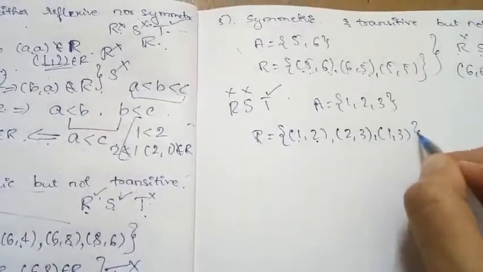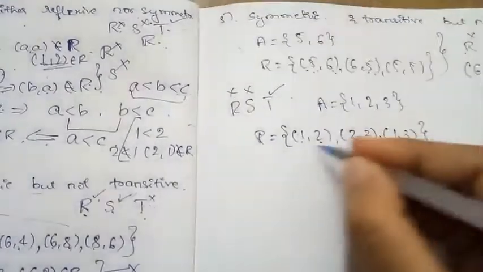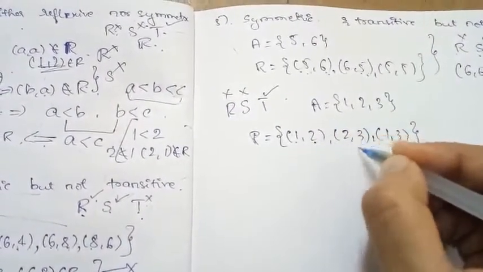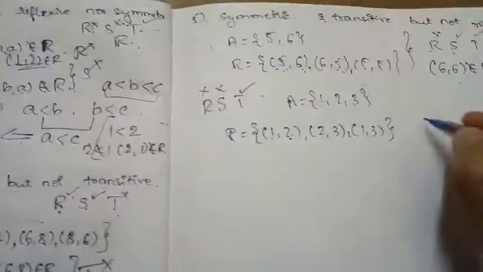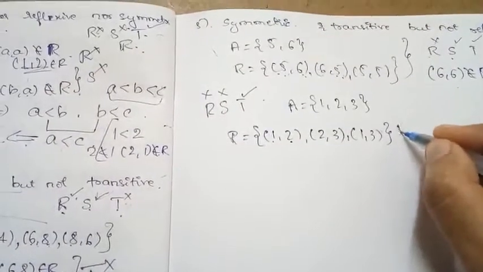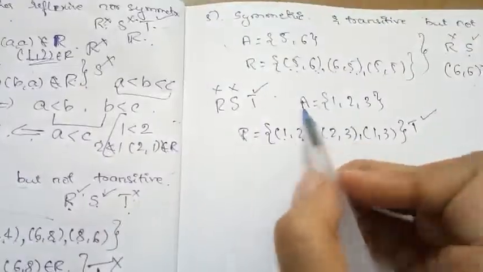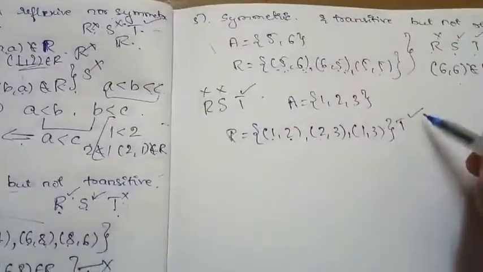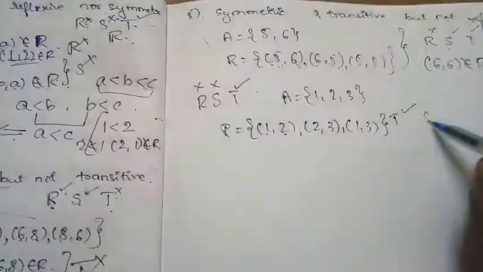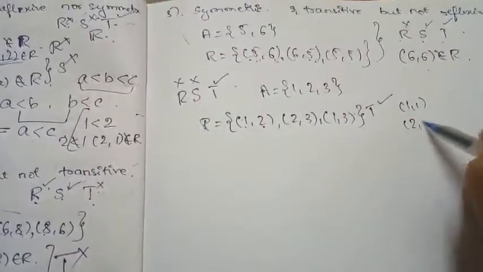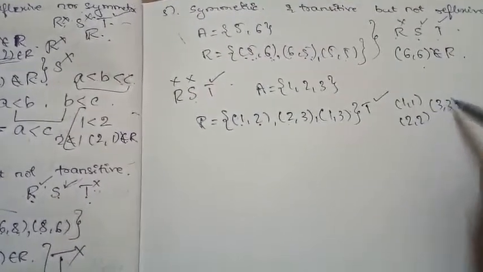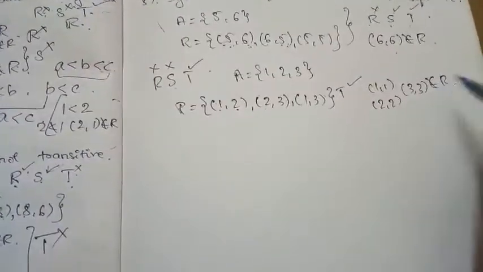This relation is a transitive relation because for (1, 2) and (2, 3), (1, 3) is existing. But this is not reflexive because (1, 1), (2, 2) as well as (3, 3) do not belong to the relation.